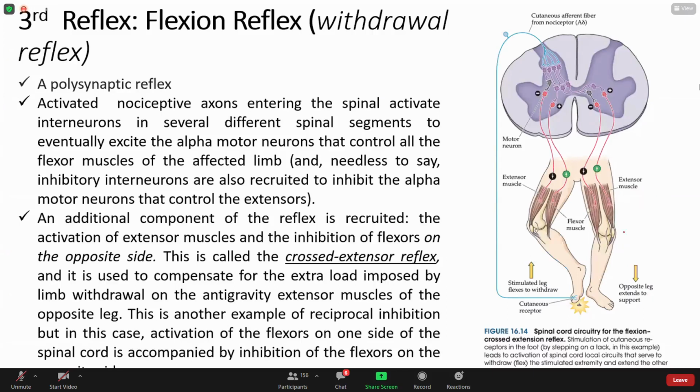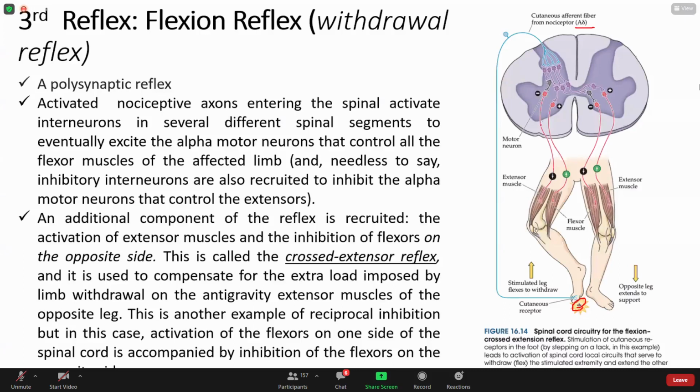As you can see here, by stepping on a noxious stimulus, which is a nail in this case, the nociceptors become active. They carry the information through the A delta fibers to the dorsal horn of the spinal cord and make multiple synapses. This is why it's called polysynaptic.